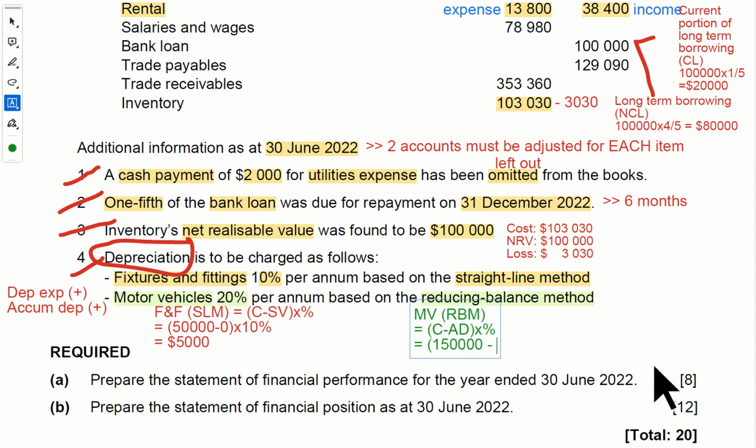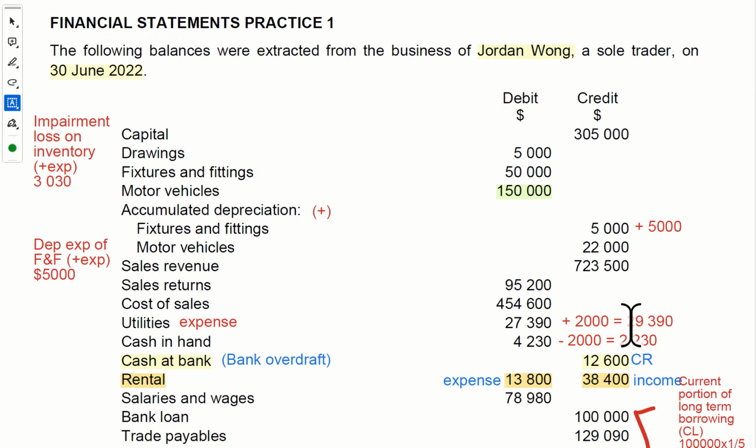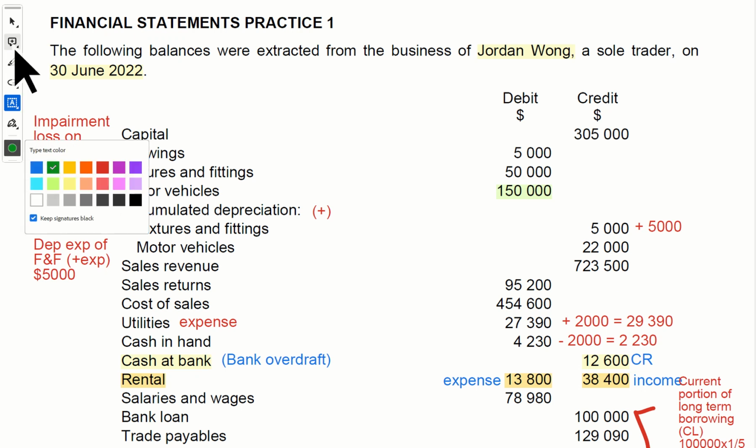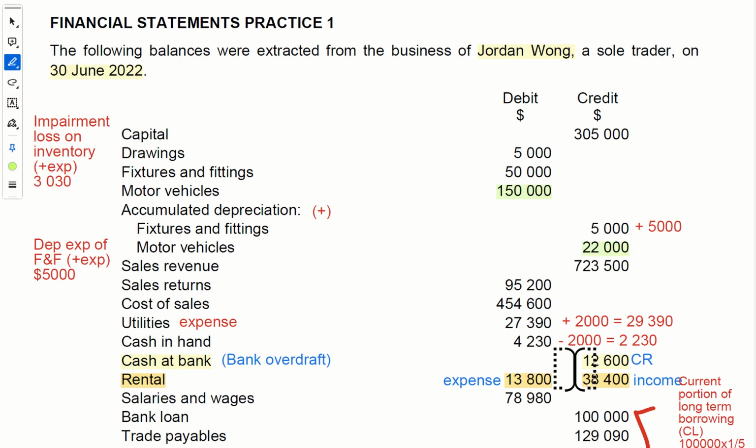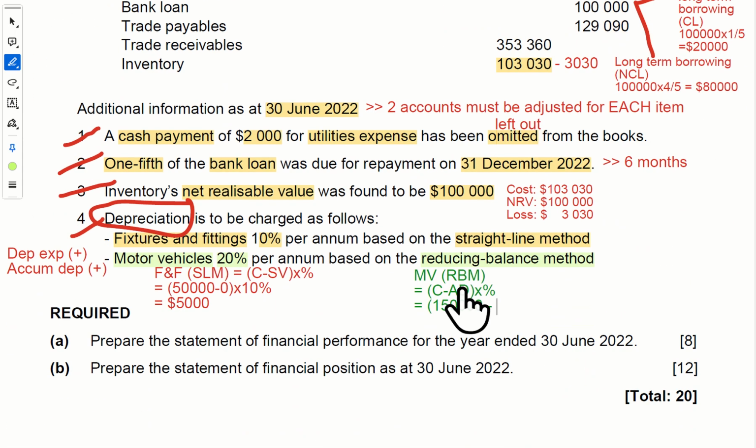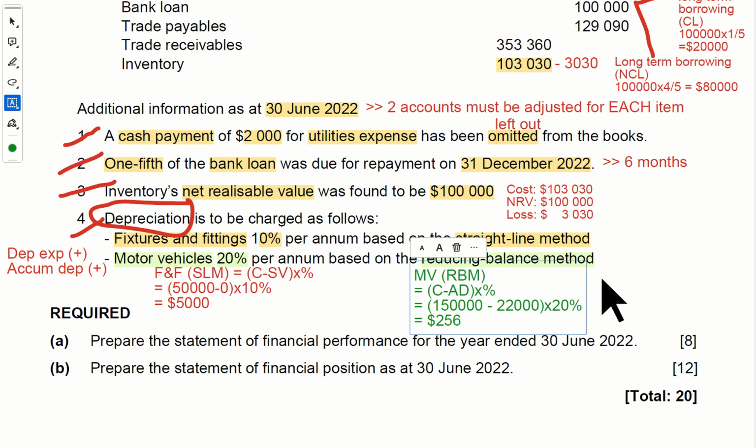minus, what about accumulated depreciation? 22,000. I'm going to times 20%. And that will give me 25,600.